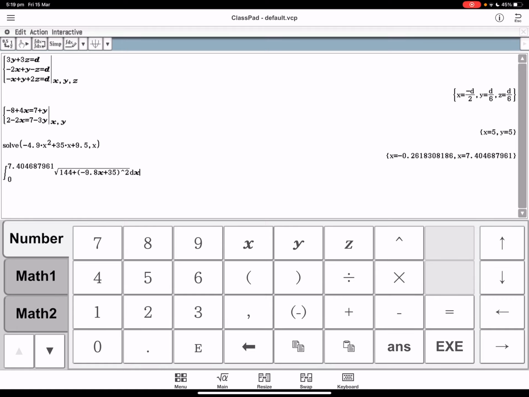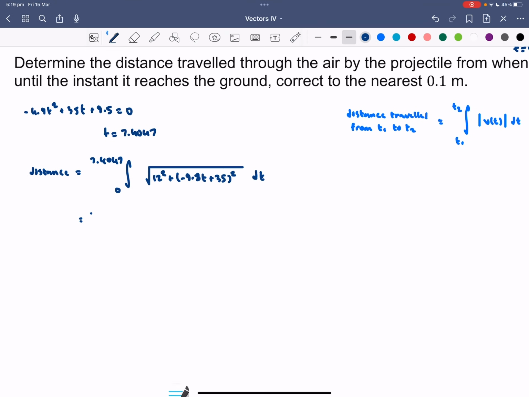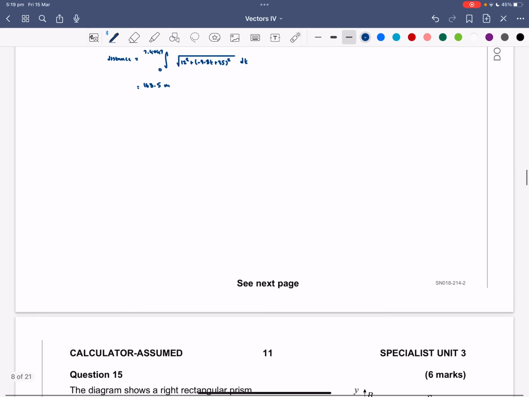That will tell us the distance traveled. They wanted 168.47, but to 1 decimal place, so 168.5 meters is the distance traveled.